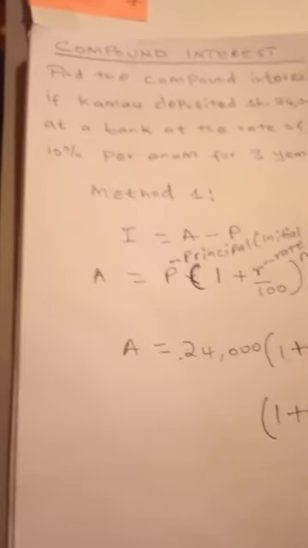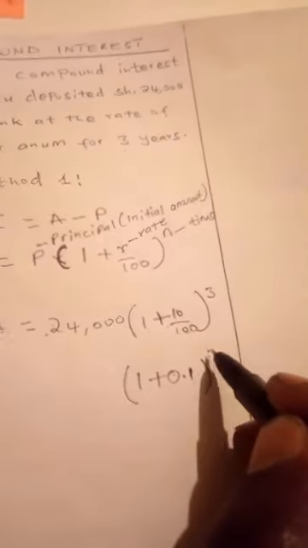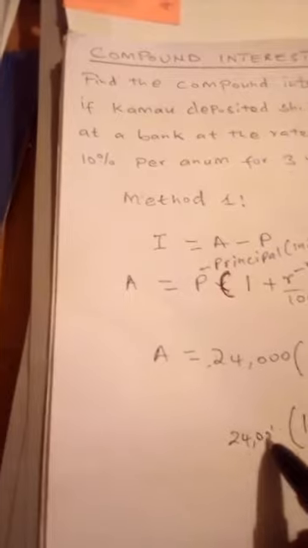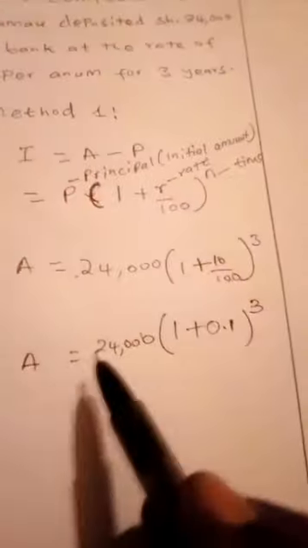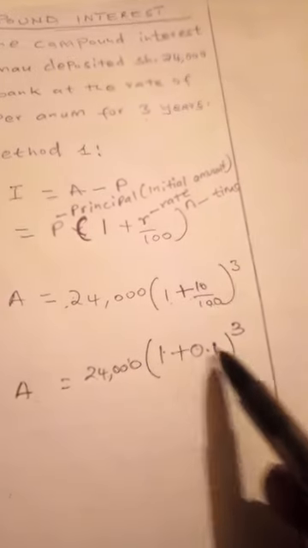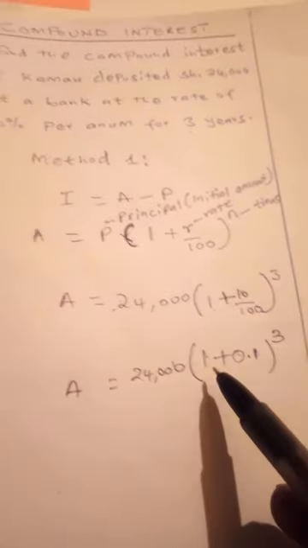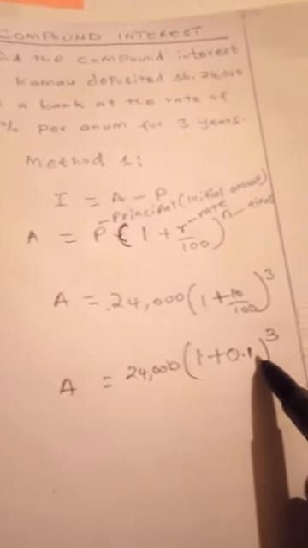Then to the power of 3. 24,000 is going to be multiplied to get the amount. So amount is equivalent to 24,000 into 1 plus 0.1, we close the brackets, then to the power of 3. So what is 1 plus 0.1? It is 1.1.